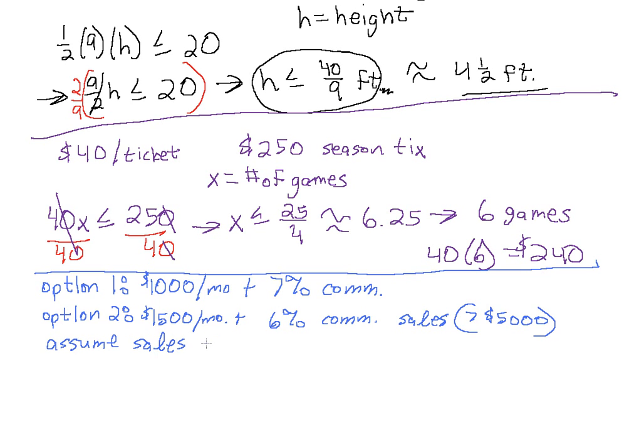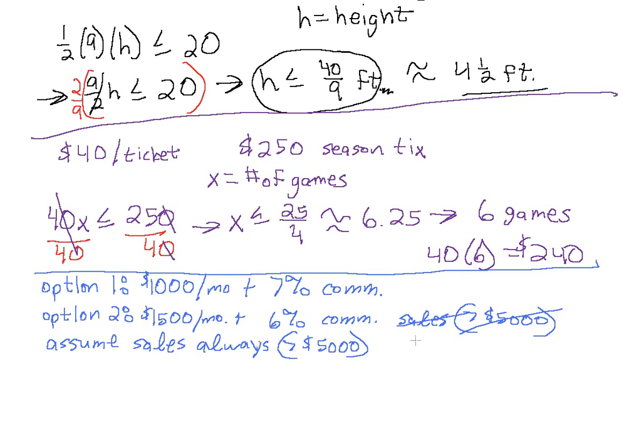So sales are always greater than $5,000. Okay, so this is pretty important because we only see it over here, so we can actually disregard this. So we have $1,000 per month in base salary plus a 7% commission for option one.